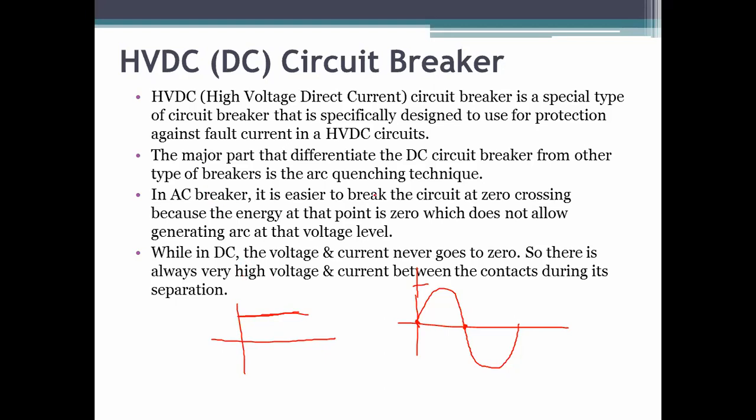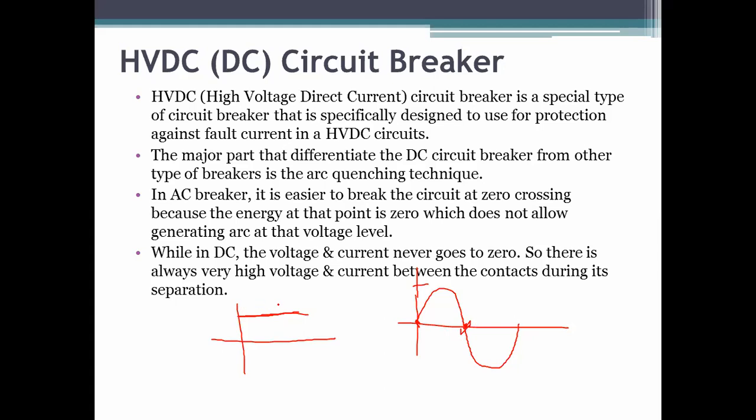In AC circuit breakers, it is easier to break the circuit at zero crossing because the energy at that point is zero, which does not allow the generating arc at that voltage level, right? Because here the current becomes zero, naturally, and we can extinguish or quench that arc at this point only.